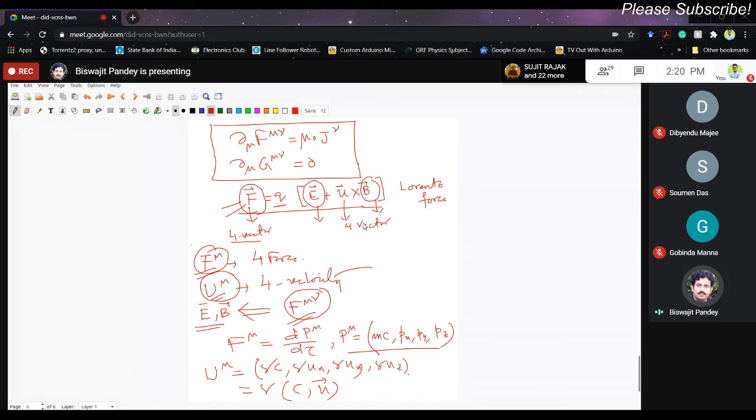This is the 4-velocity of the particle. We have the 4-force, which is the rate of change of 4-momentum with respect to proper time, and we have F mu nu. How do we connect them so that the equation provides the Lorentz force law in 3 dimensions?